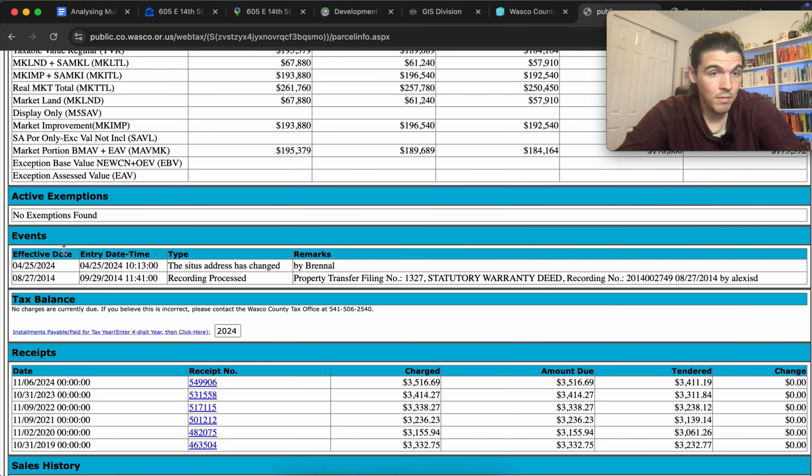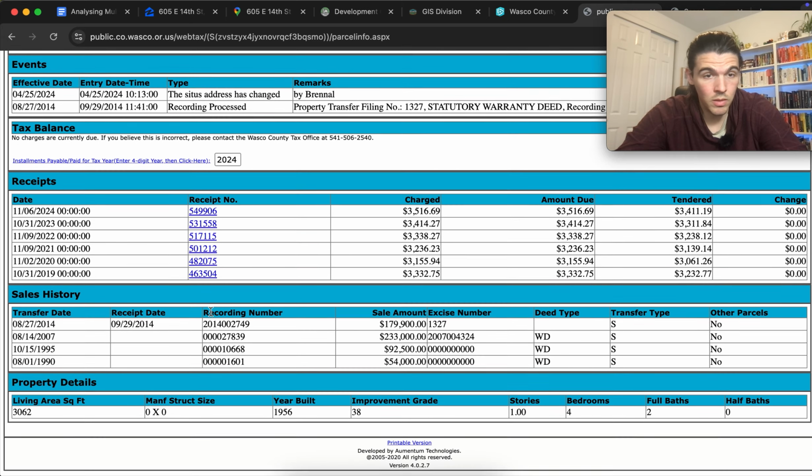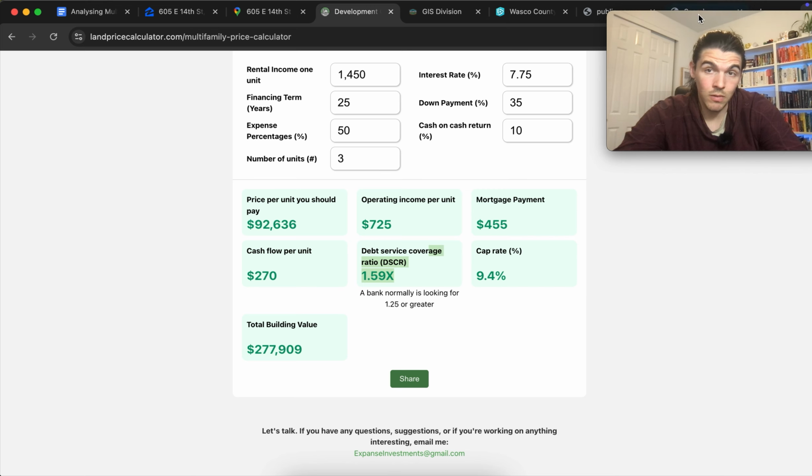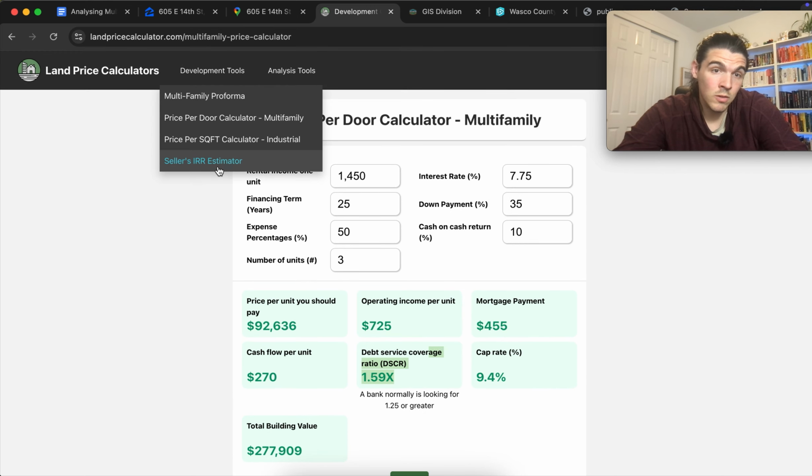It might have how much they bought it for. This one doesn't. There we go. Okay, so they bought it for $179,000 10 years ago, and we are going to be offering them $277,000. What we can do is check the IRR.